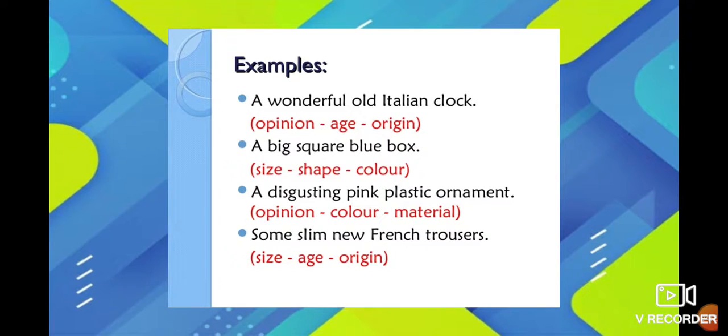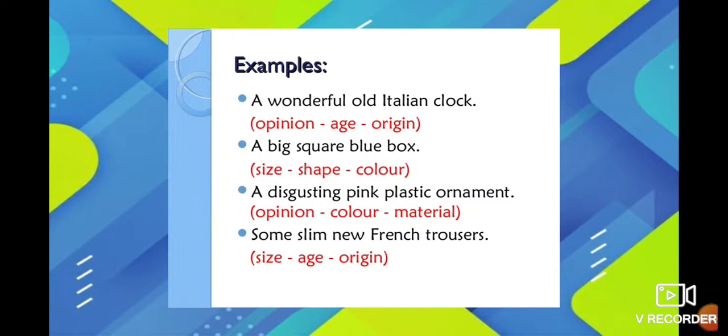We have a wonderful old Italian clock. Wonderful is an adjective of opinion. Old is an adjective of age. Italian is an adjective of origin. Then we have the second example, a big square blue box. Big is an adjective of size.